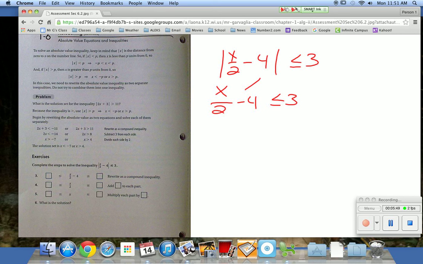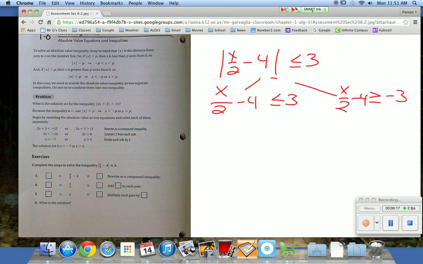It doesn't change anything with that one. But on the next one, it does. Because if I'm dropping a negative in there, I have to change that sign around. So the next one over here is going to be x over 2 minus 4. Now I flip this sign so it's greater than or equal to negative 3. All right?